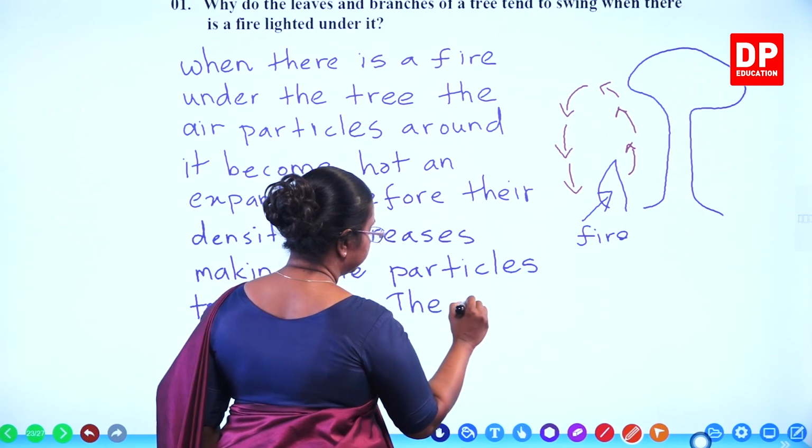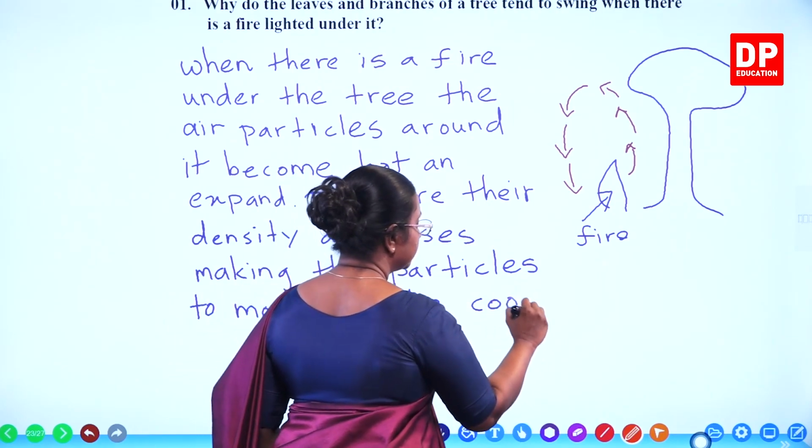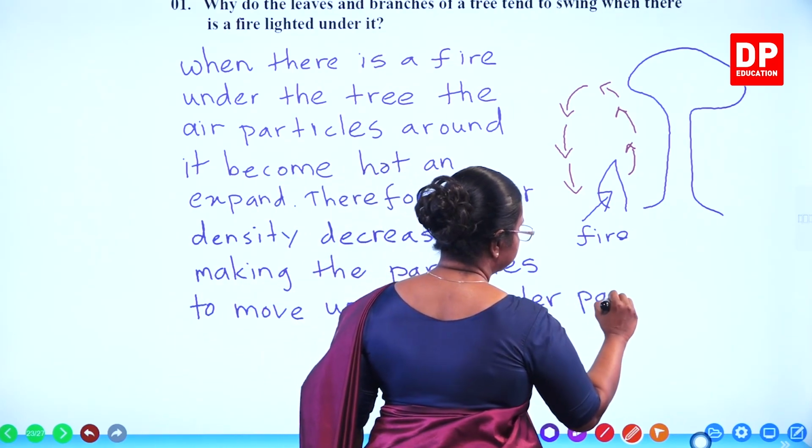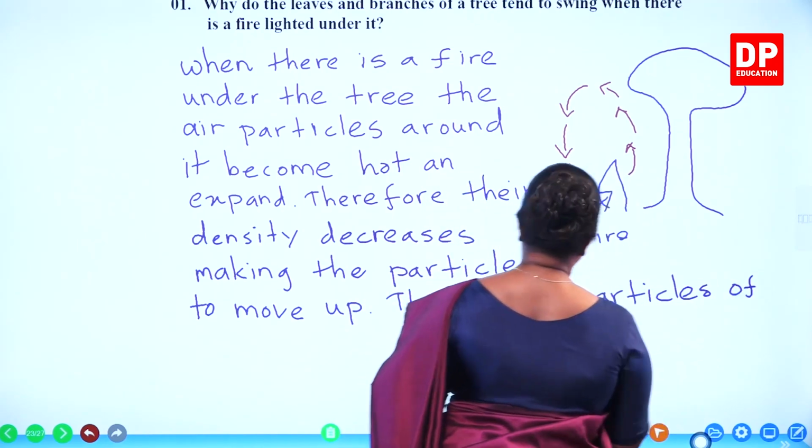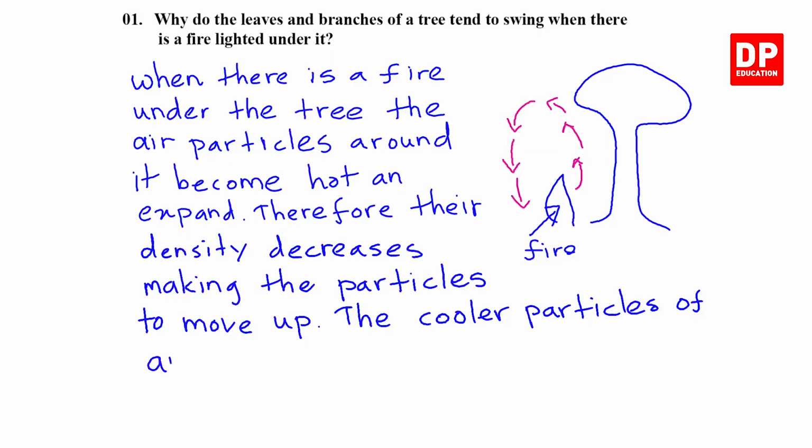The cooler particles of air move downwards.